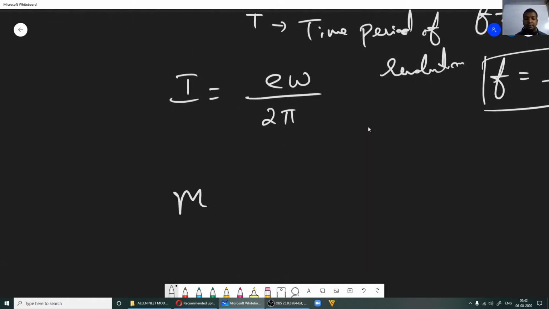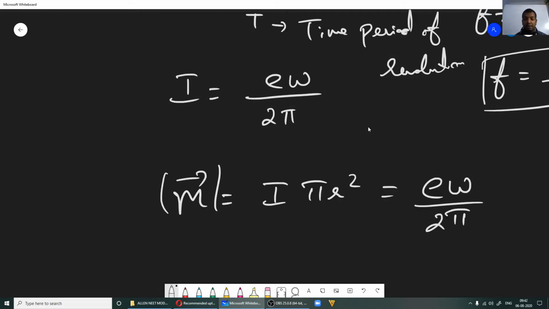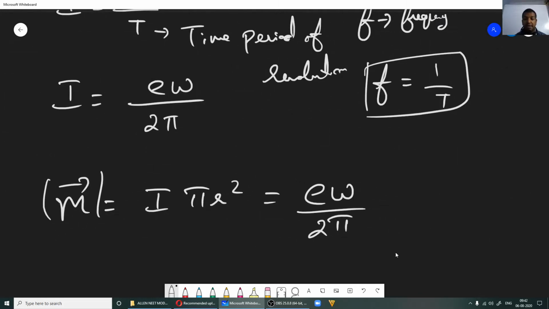So m, we got it as I pi r squared. Now in place of I, we have e omega divided by 2 pi, times pi r squared.